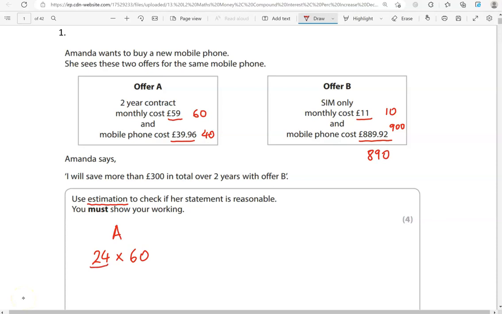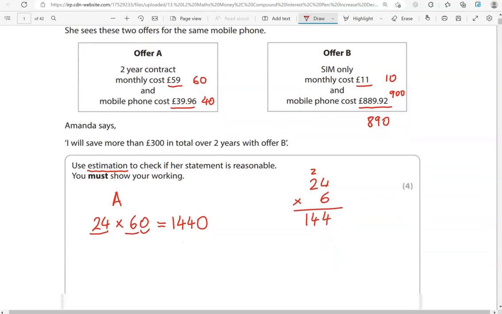So we can do 24 times 6 and add a 0 at the end. 6 times 4 is 24. So 4 down, 2 carried over. 6 times 2, that is 12, and the 2, that is 14. Add in the 0, so £1,440. To that, we're going to need to add the £40, the mobile phone cost.